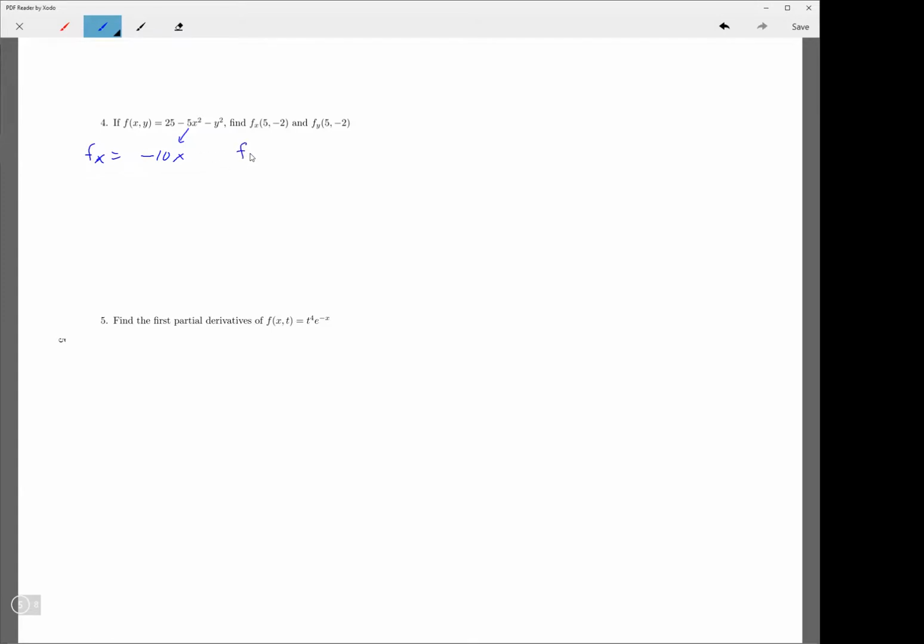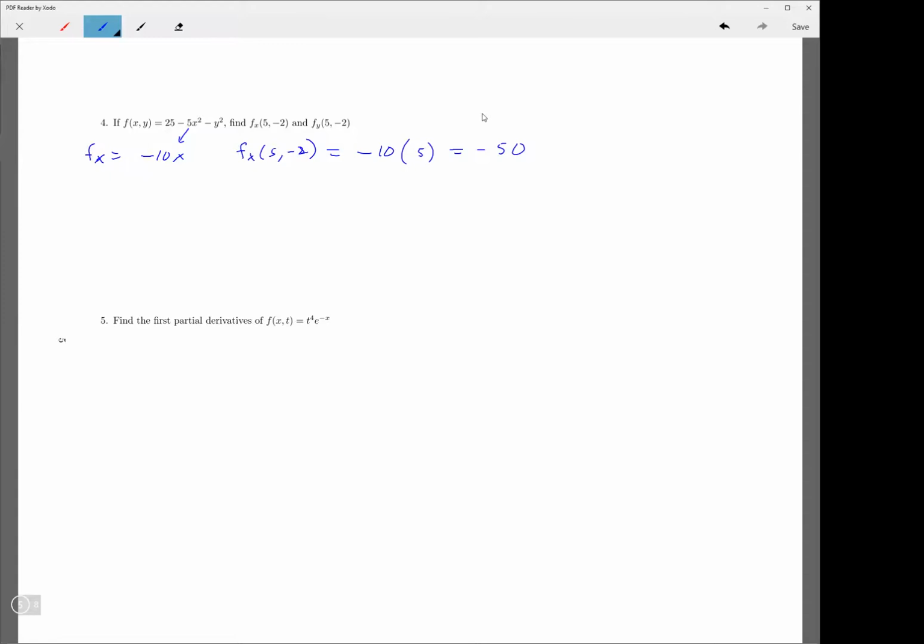And then the partial at 5, negative 2 means you plug a 5 in for x and a negative 2 for y, but there's no y. So the answer is negative 50.